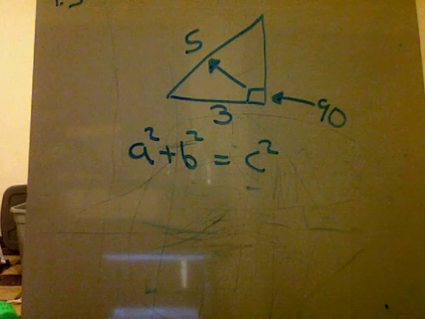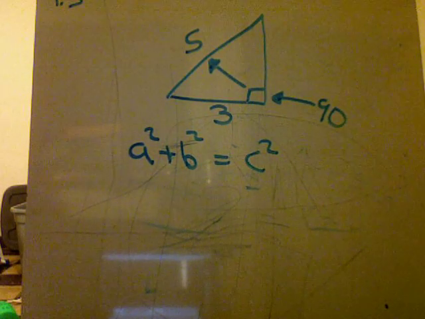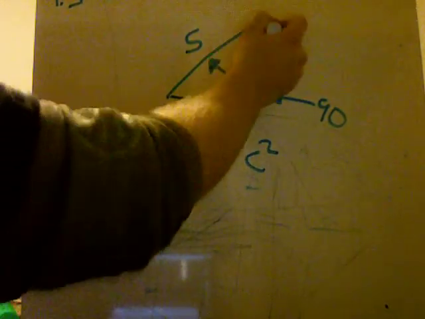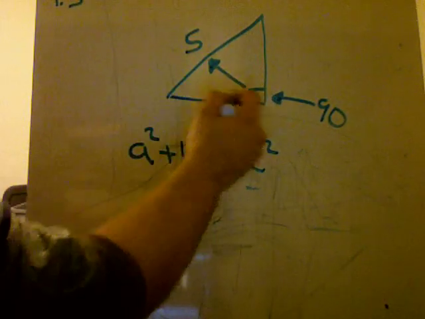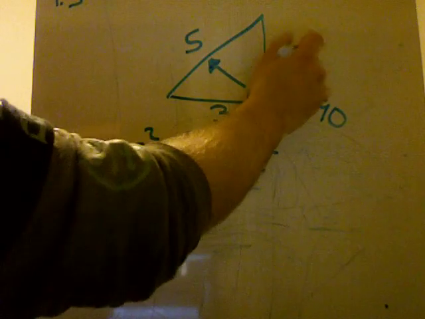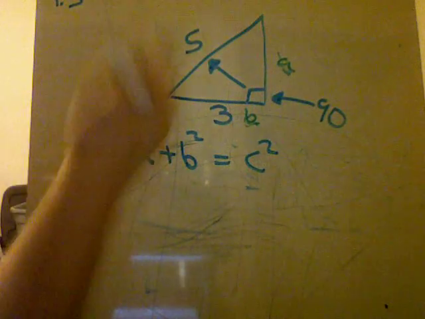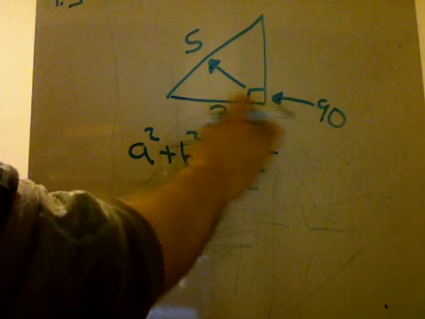Okay? So what we want to do is plug those values in and solve for the unknown side. Now it doesn't matter which of these sides we call A and which one we call B. We call this one A and this one B, or we call this one B and this one A. Okay? It's going to work out the same as long as we're consistent.